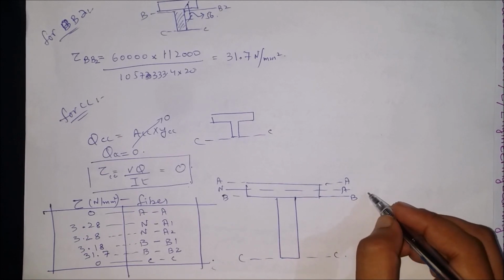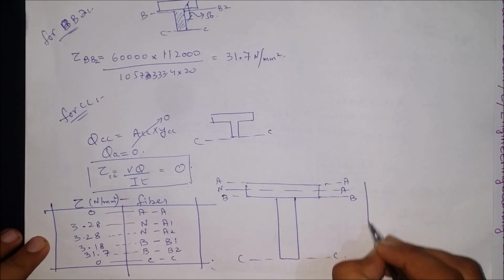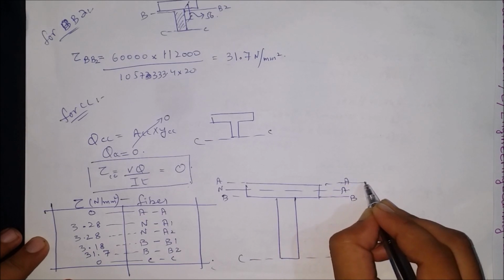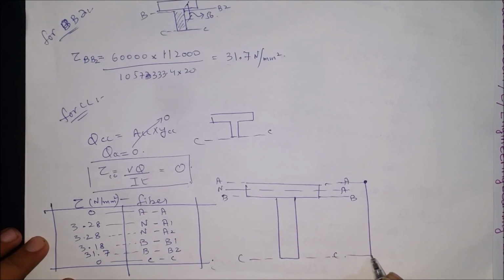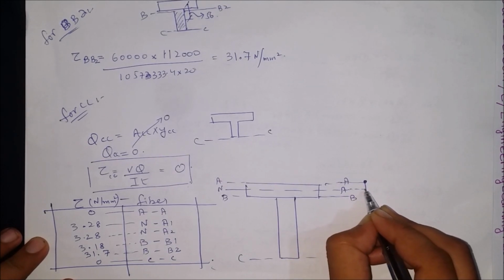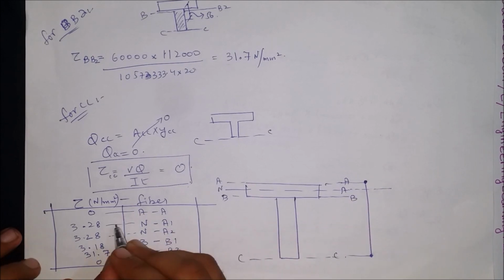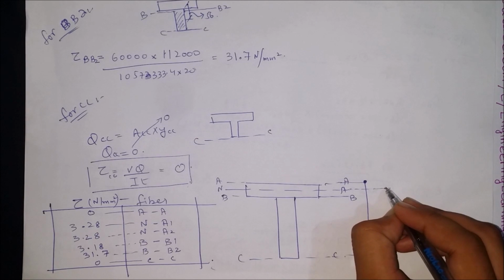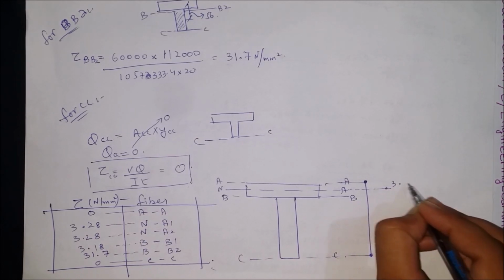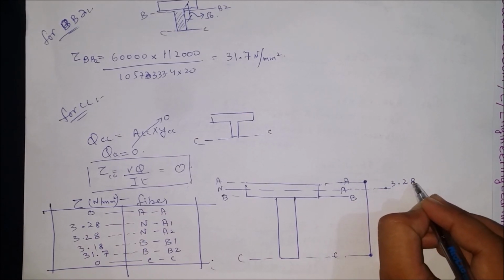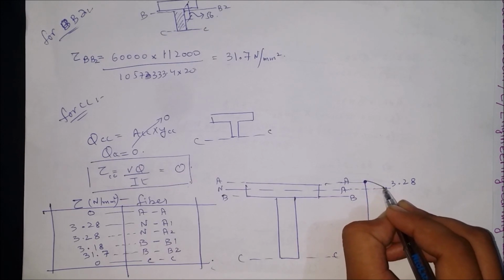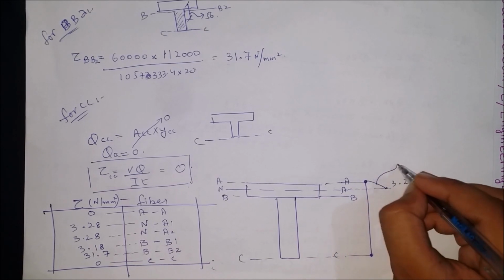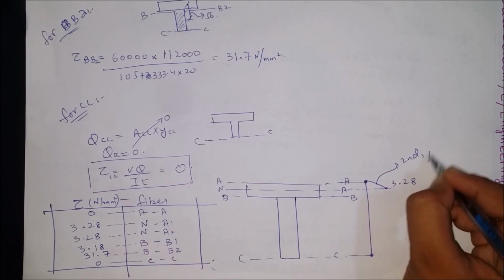So plotting these values will yield the results as 0, 0. At the neutral axis, it is 3.28. Above and below are the same. It is a second degree curve or parabola.